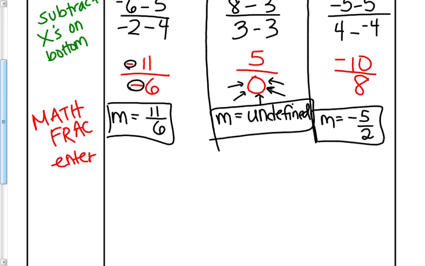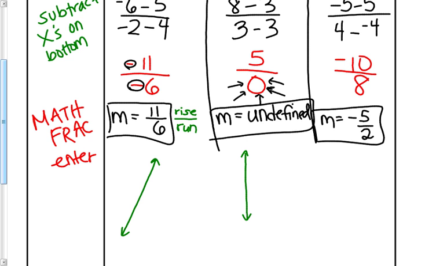So really quickly though, if my slope is 11 over 6, that means I'm going up, right? My rise is 11, my run is 6. So that would look something like this, like a positive line, a positive slope going up. Do you remember what an undefined slope looked like? If I had 0 in the bottom, undefined, that looked like a vertical line, right, like a cliff, okay?